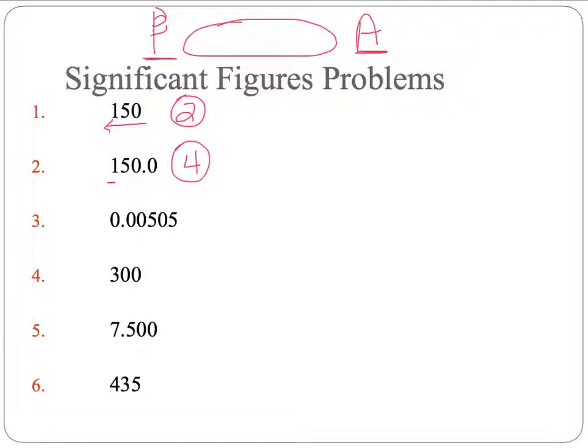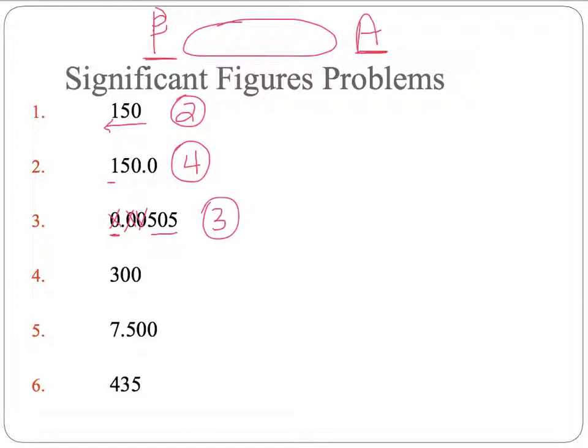On the next one, I have another one where there is a decimal place present. So I'm going to start counting at the beginning of the number, the Pacific side. But in this case, with the zeros, I don't start counting until I get to a number that's not a 0. So that 0 is not significant, that is not significant, and neither is that one. So those 3 right there are my significant figures.